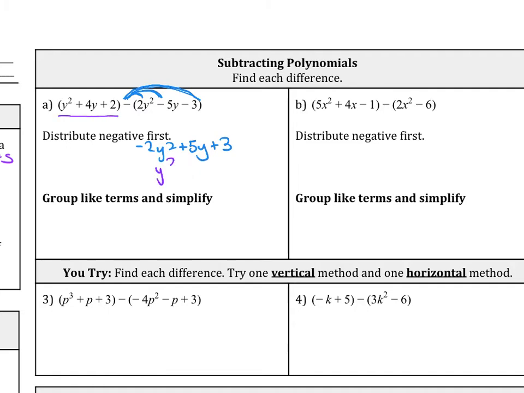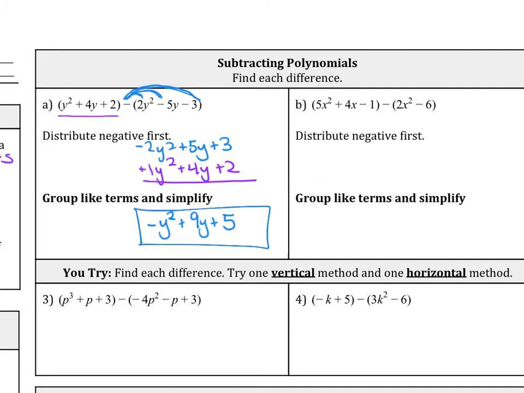So I'm just going to do the vertical method and then add them together. So now this becomes, that's plus y. So this is negative 2 plus 1 becomes a negative 1y squared, or just negative y squared, plus 5 plus 4y is a 9y, plus 3 plus 2 is a 5.